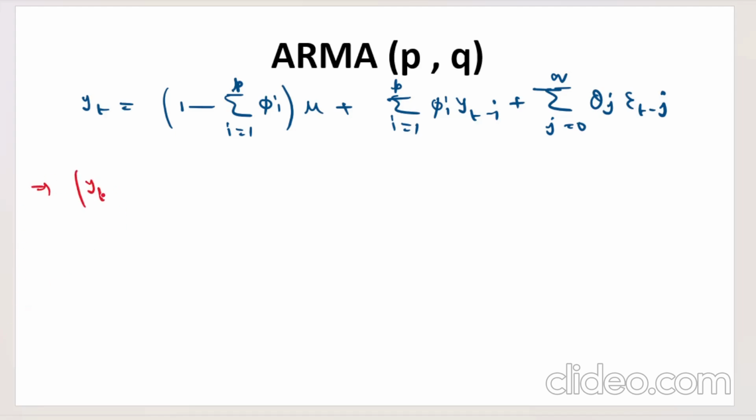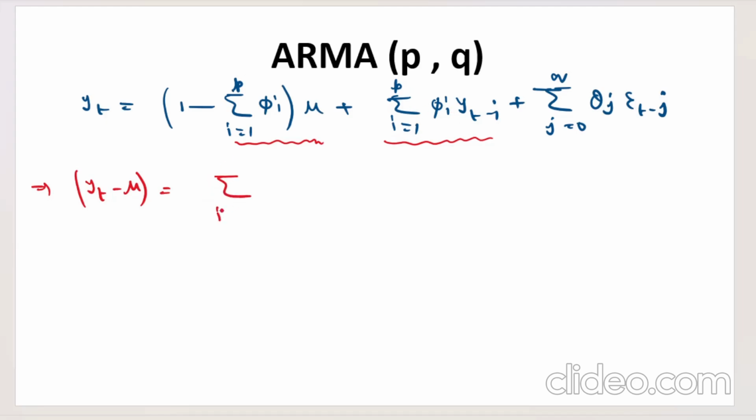Now simply y_t minus mu. Here you multiply mu and minus, you will have summation i from 1 to p phi i mu. So take this mu to the left hand side. And if you see these two expressions, here you have summation i from 1 to p phi i, and here also you have summation i from 1 to p phi i.